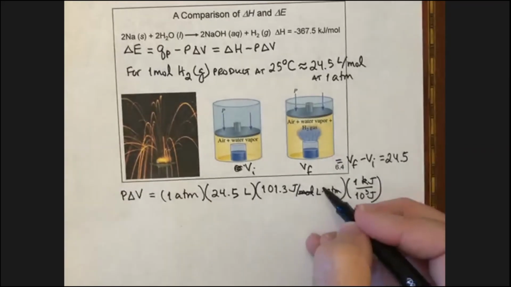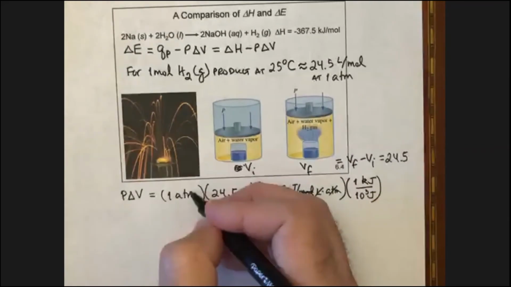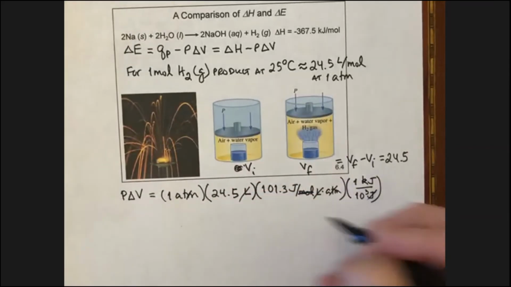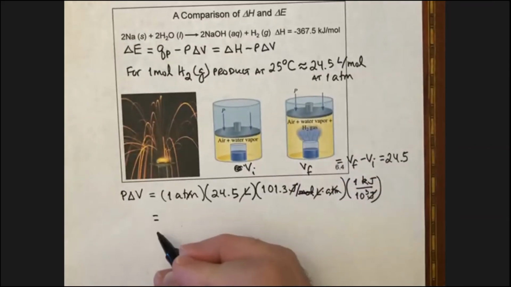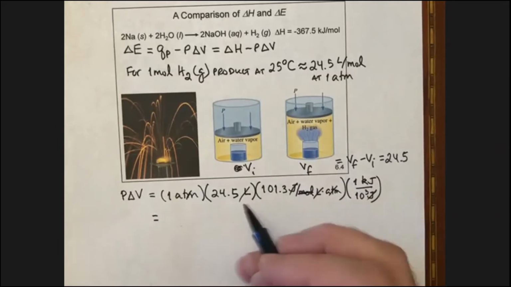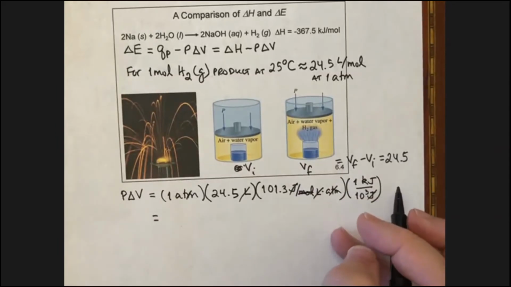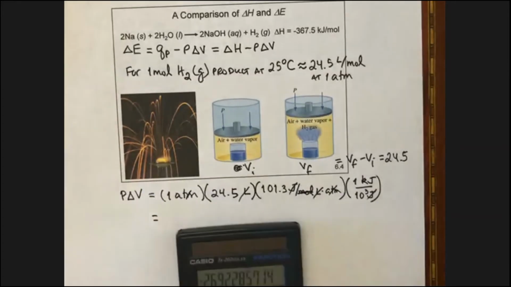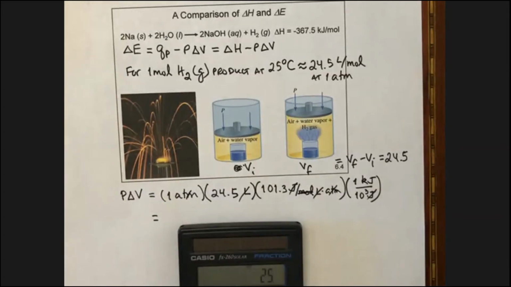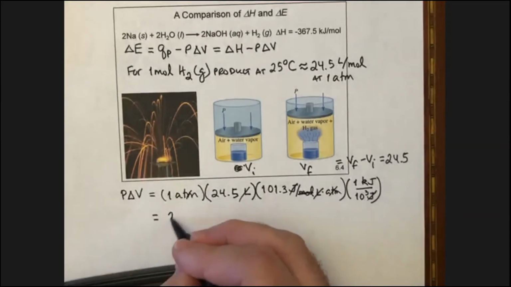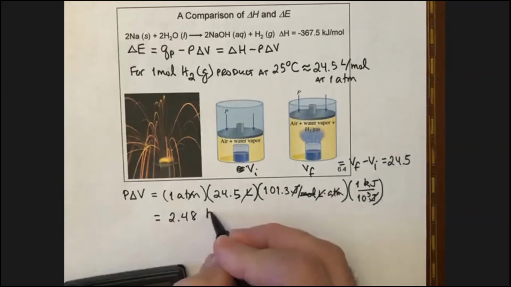Liters and liters cancel out, atmospheres and atmospheres cancel out, joules and joules cancel out, and this ends up being 24.5 times 101.3 divided by 1,000. So that's about 2.48 kilojoules.